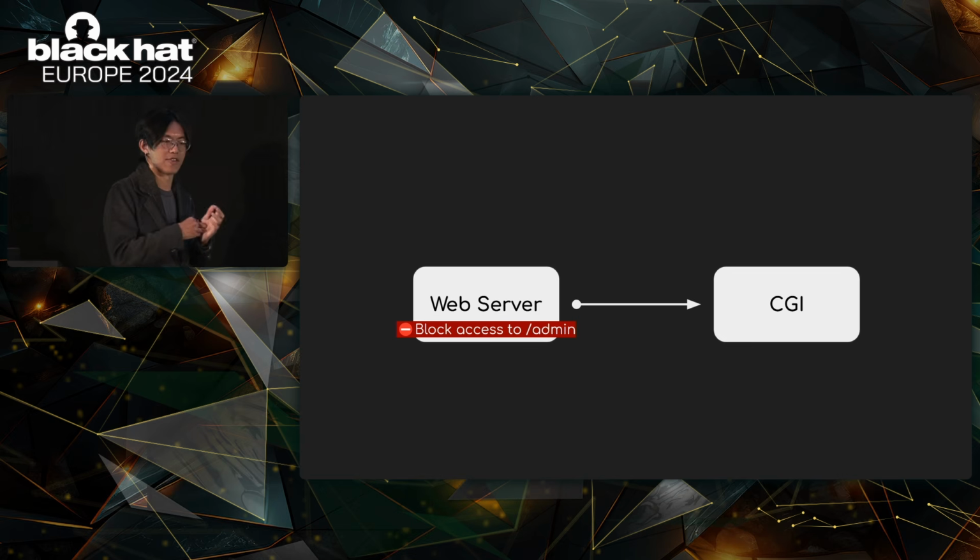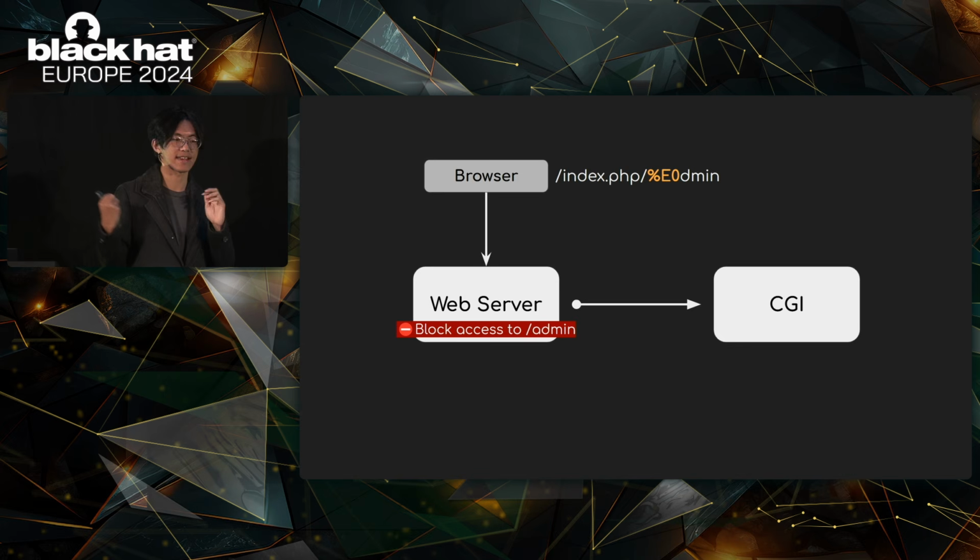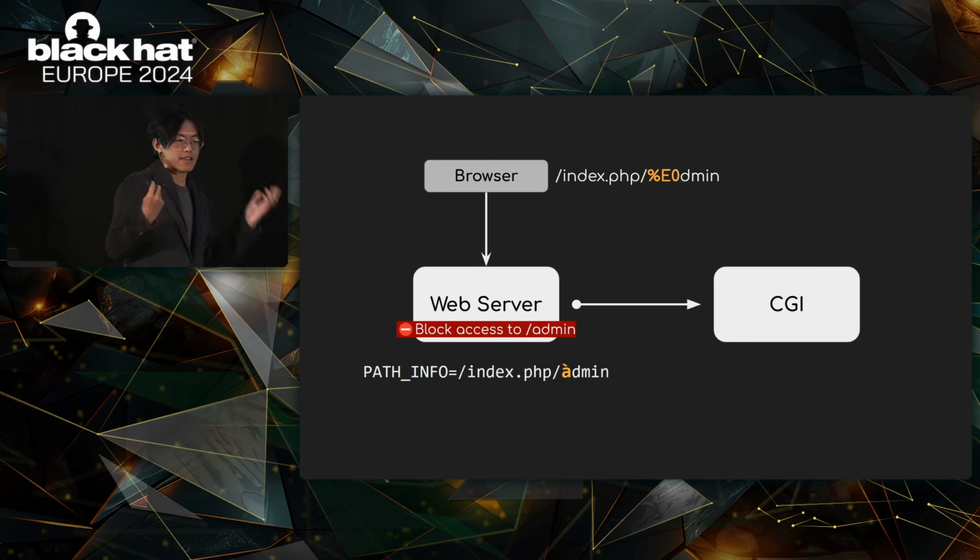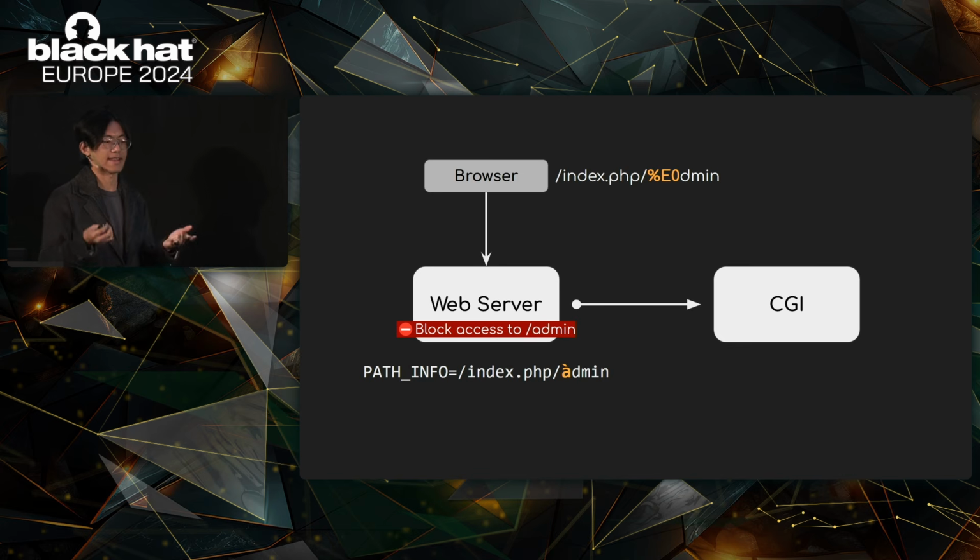Let's have this example. We have a web server, and it blocks access to admin. So an attacker can create this kind of request, which has a text like %E0DMIN. It's not admin at all, so it will just decode it and get this data, which has a path info with an accented ADMIN.